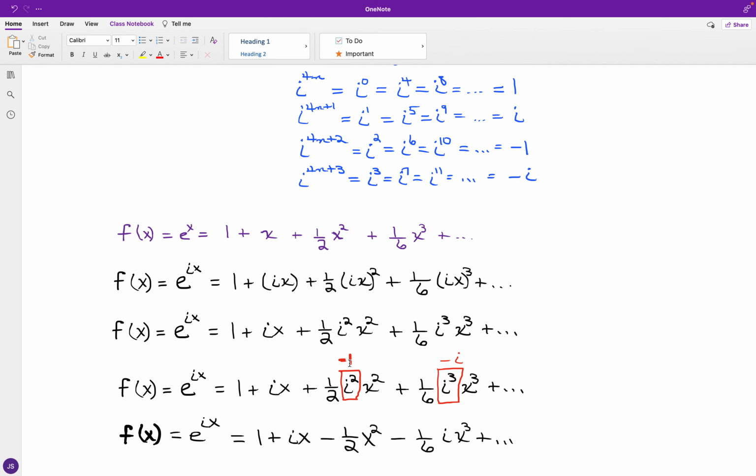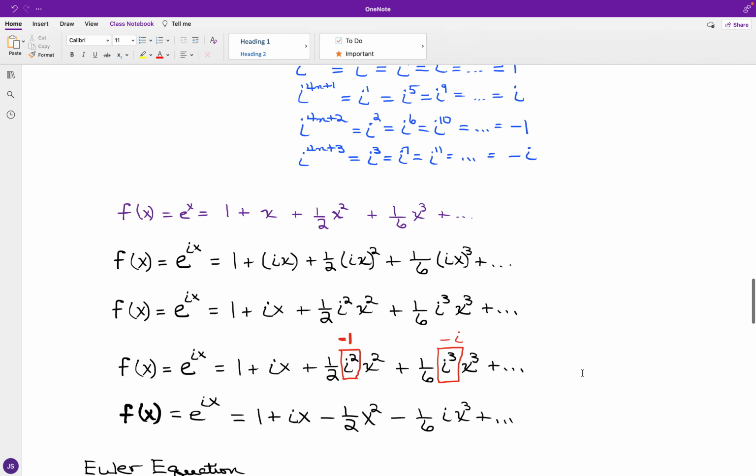Again, i squared is -1. And for 1/6 of i cubed x cubed, i to the 3rd, again, is going to be -i. And so in the expansion, f of x is equal to e to the ix, and among the first terms we have 1 plus ix minus 1/2 of x squared minus 1/6 of ix cubed, and so on.